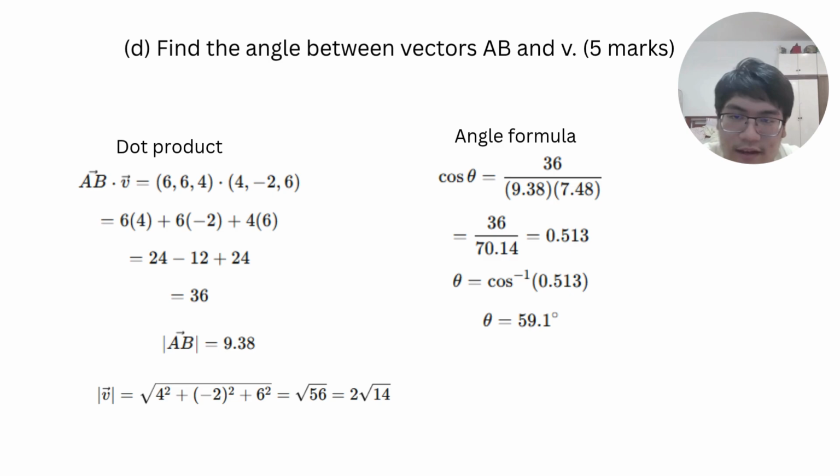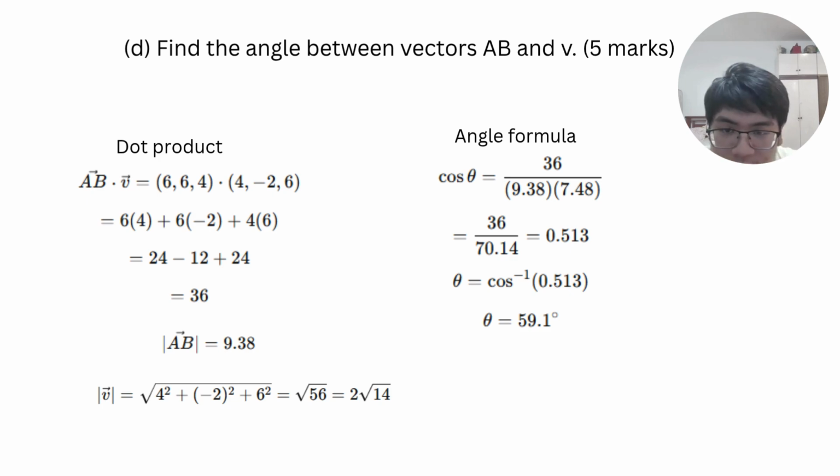We need to find the angle between vector AB and v. First, here is the dot product. AB dot v equals (6, 6, 4) dot (4, -2, 6) equals 6 times 4 plus 6 times negative 2 plus 4 times 6, equals 24 minus 12 plus 24, equals 36.